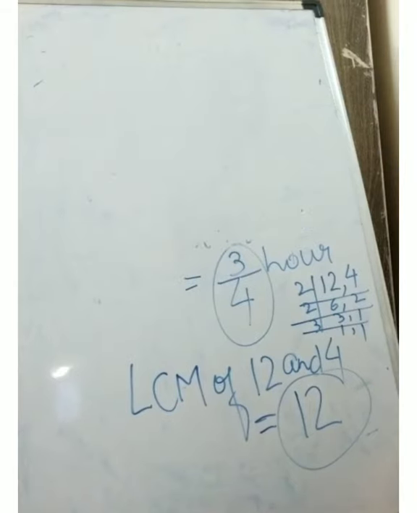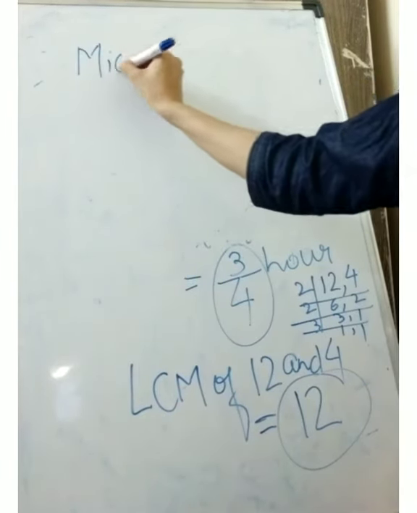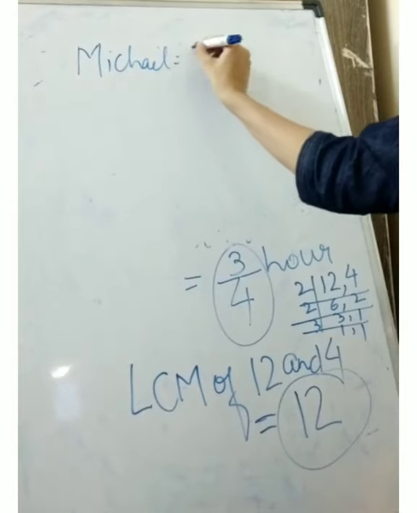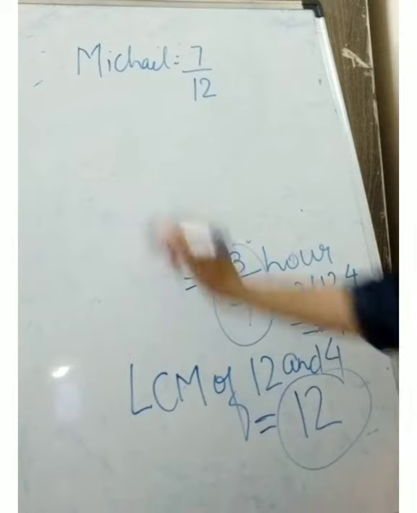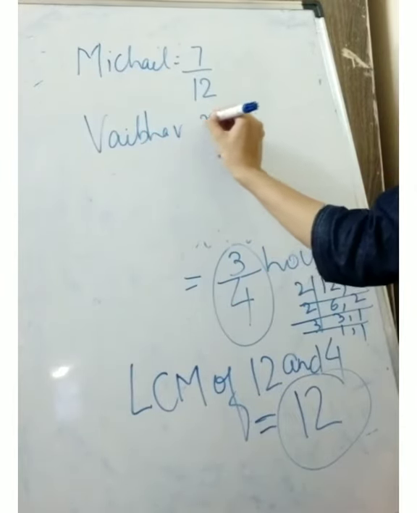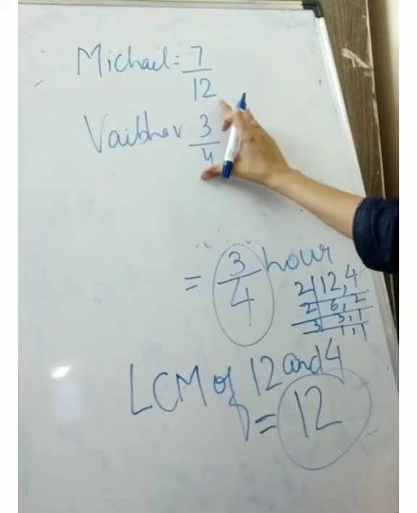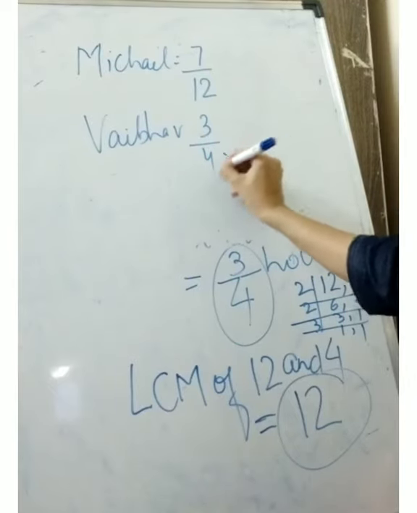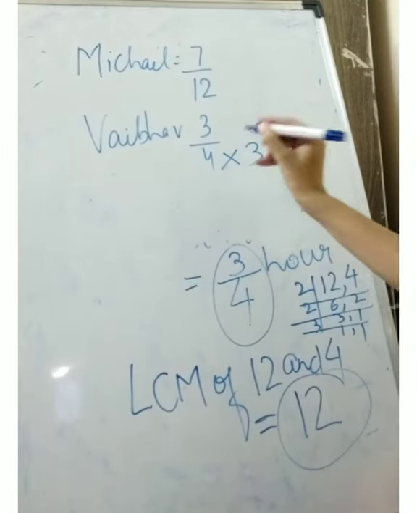So the fraction of Michael was 7 upon 12. Already 12 was there, so we will not do anything. The fraction of Vaibhav was 3 upon 4, right? In 4, what will we multiply so that it becomes 12? 4 3s are 12.